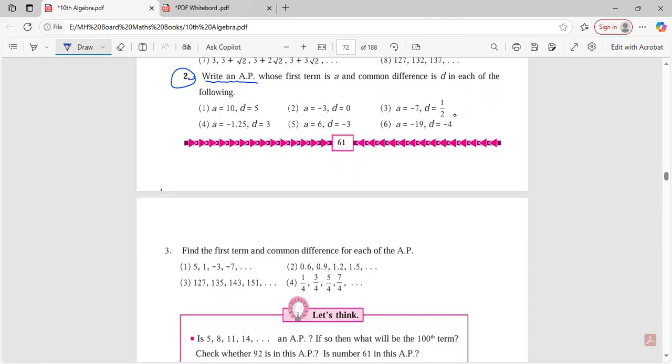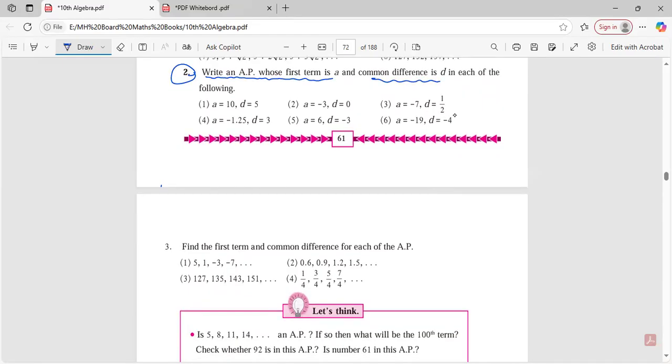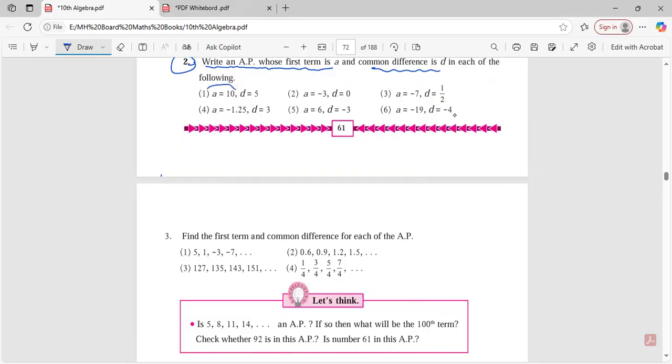Write an arithmetic progression whose first term is a and common difference is d given in the following. See, if a is 10 and d is 5, first term is 10. Next term will be 10 plus 5.